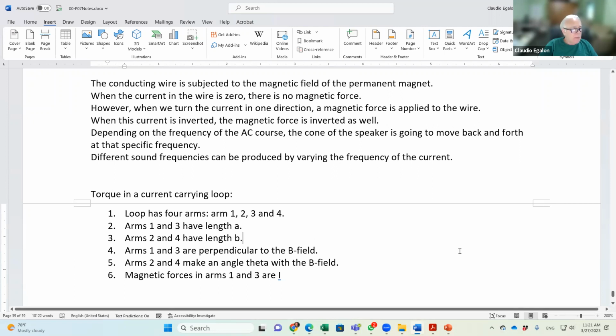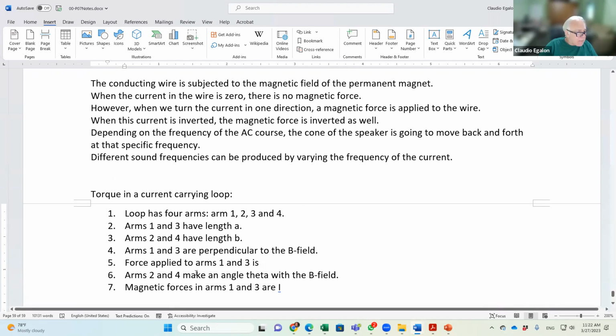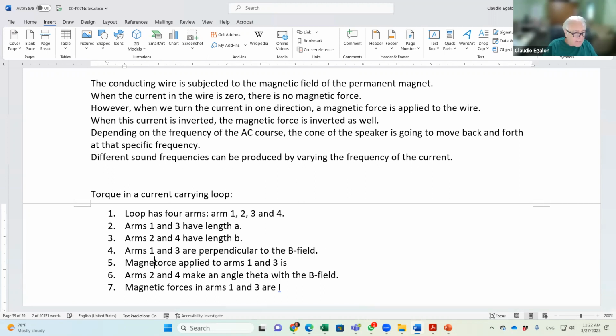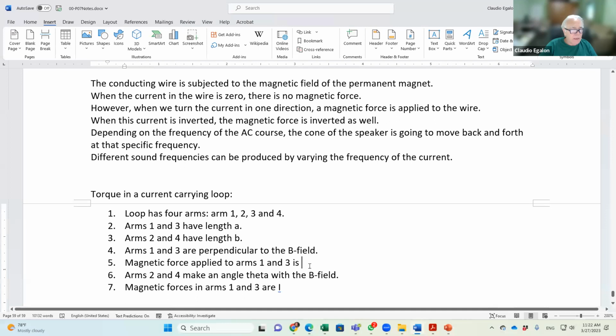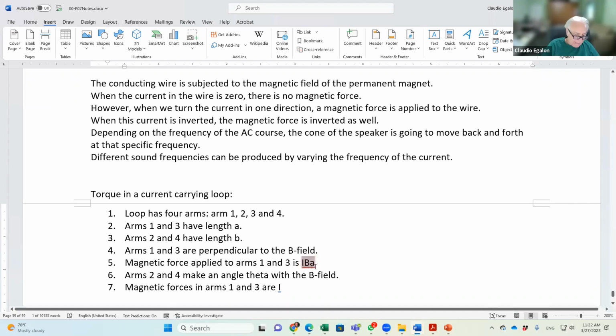Arms 1 and 3 are perpendicular to the B field. Okay. Magnetic force applied to arms 1 and 3 is IAB.